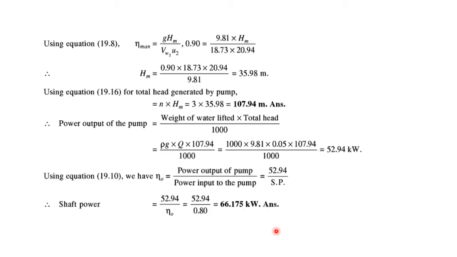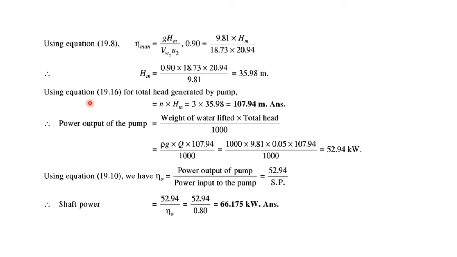And by using the equation of manometric efficiency, that is equal to g Hm upon Vw2 u2, putting the values of manometric efficiency, gravitational acceleration, Vw2 and u2, we can find out the value of Hm, that comes 35.98 meters.